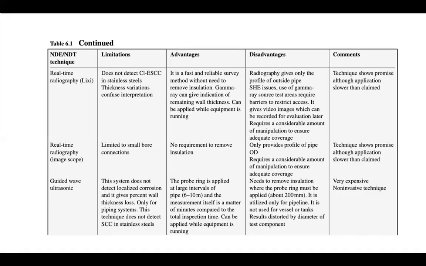It's quick to measure large diameter, and the measurement itself is a matter of minutes compared to the total inspection time. Can be applied while equipment is running. Disadvantages: need to remove insulation where the probe ring must be applied.